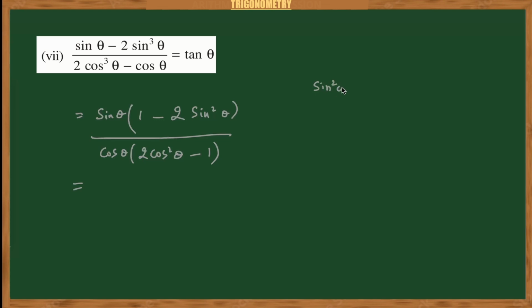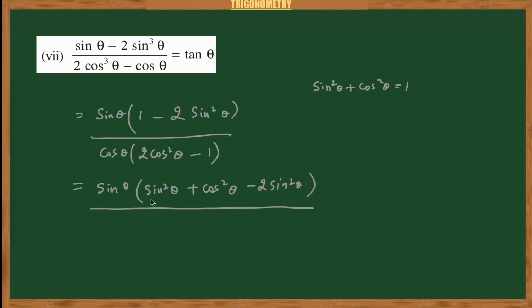So we know the identity we can utilize. Let's see, sin square theta plus cos square theta is equal to 1. So if we try to utilize this identity, can we? Okay, 1 is there, so we can put the value and that gets reduced. Similarly it can be done here. Let's simplify further. Sin theta, so 1 will be replaced with the formula sin square theta plus cos square theta, this minus 2 sin square theta, so that we can further simplify.